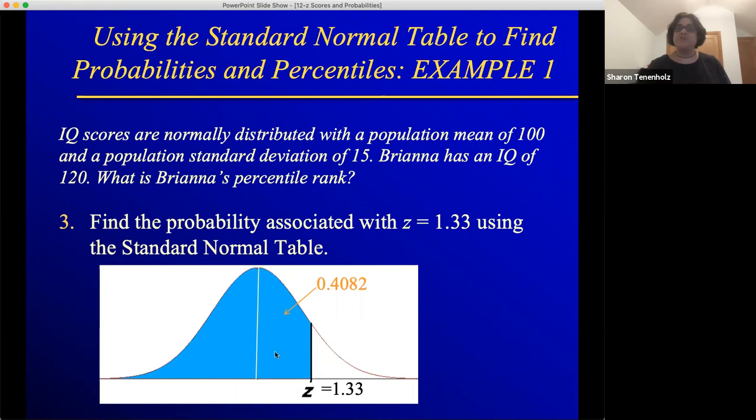So this region in here between the mean and the z-score of 1.33 is 40.82% of the entire area under the curve. But we want not just this chunk of the curve, but the entire probability below that z of 1.33. So what could we do here to figure this out?